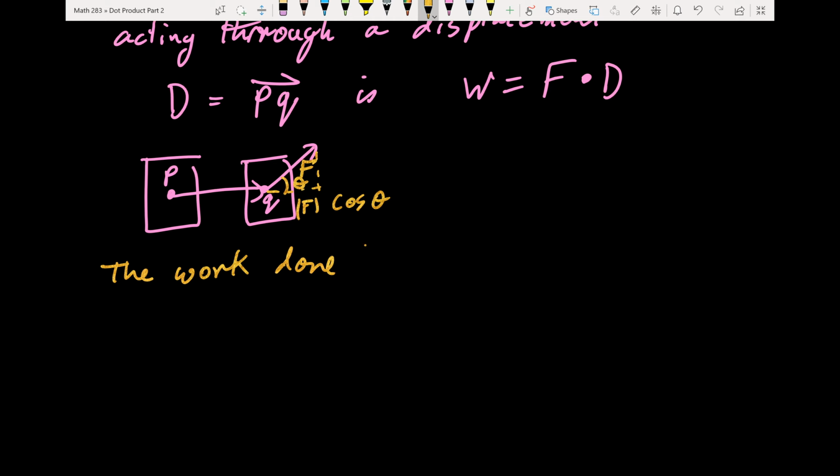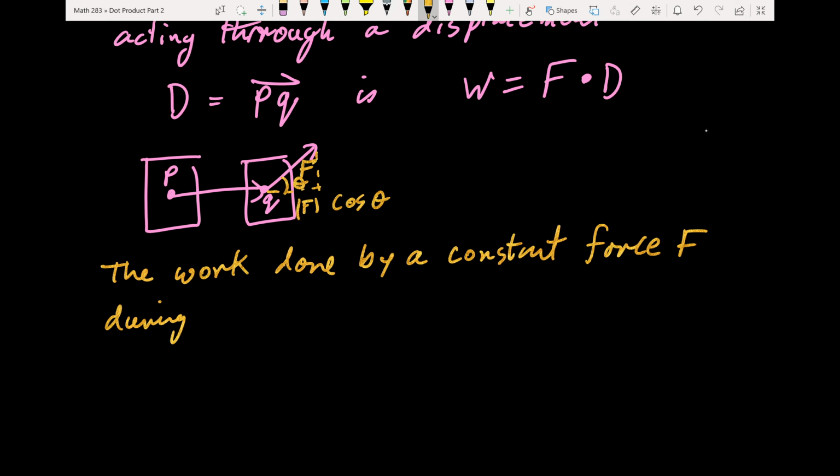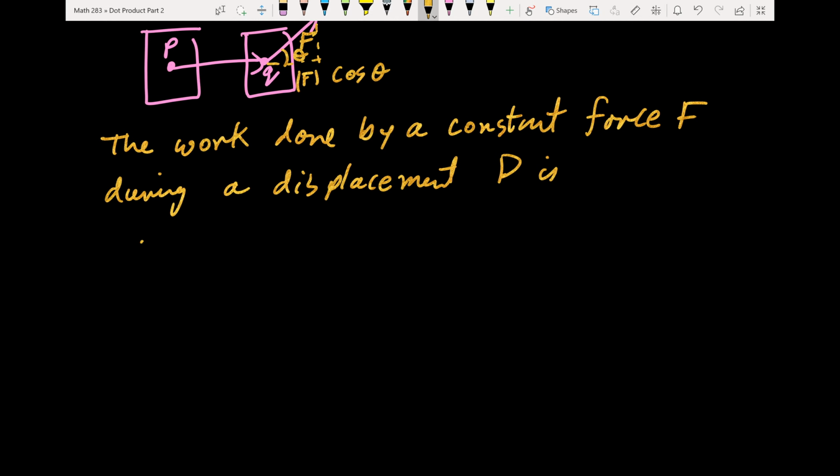The work done by a constant force F during a displacement D is, as I said earlier, the dot product.